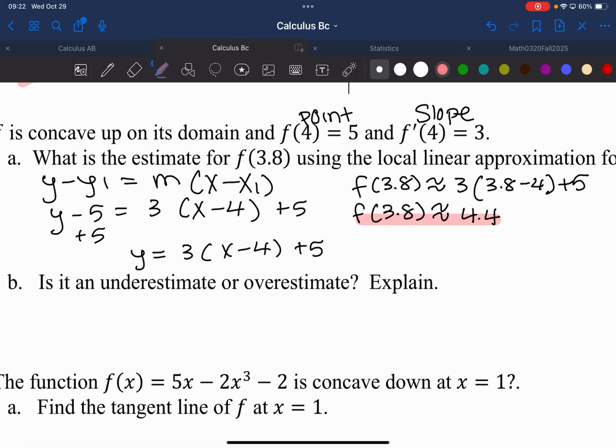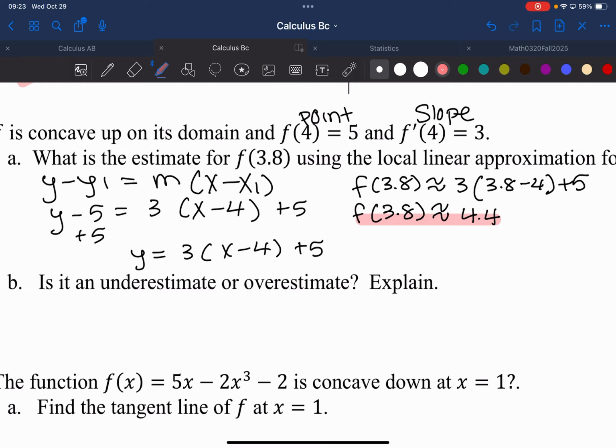So based off of the one point and the derivative at that point, we were able to form the tangent line, an equation, and we're using that equation to approximate another value.